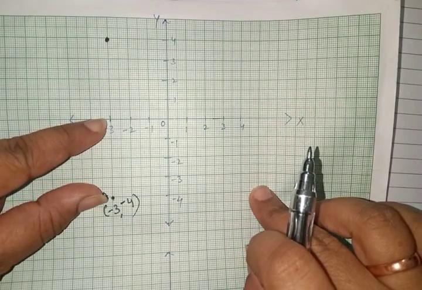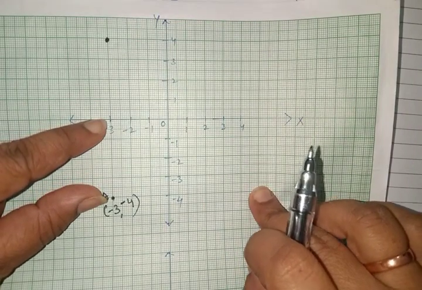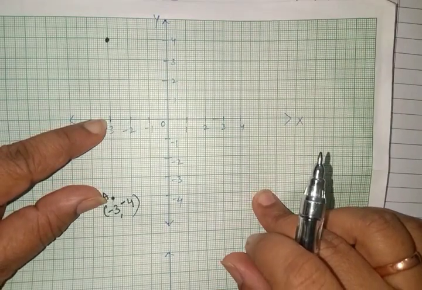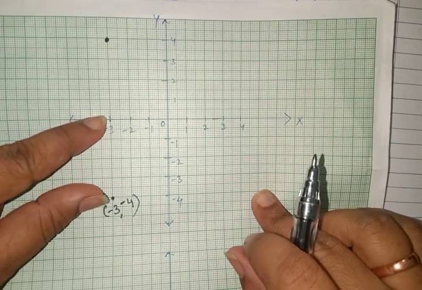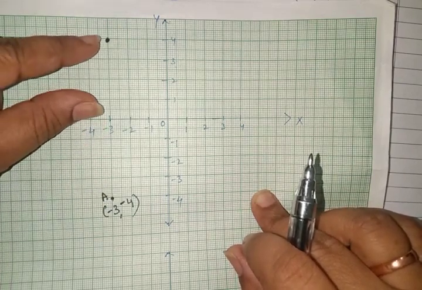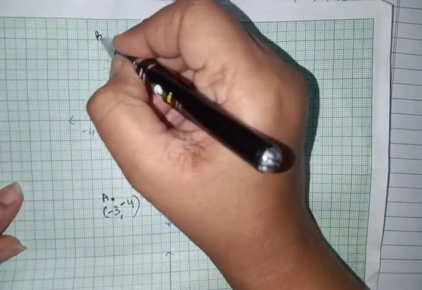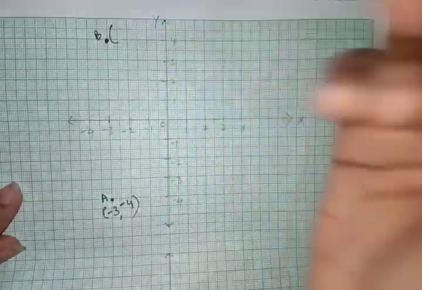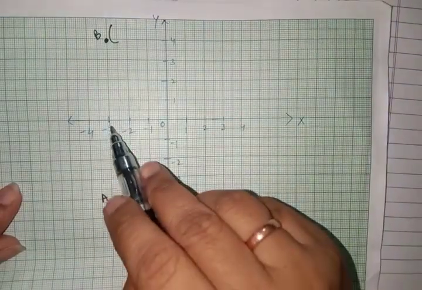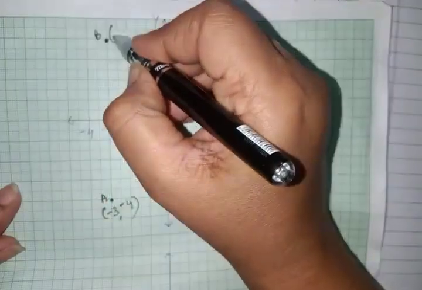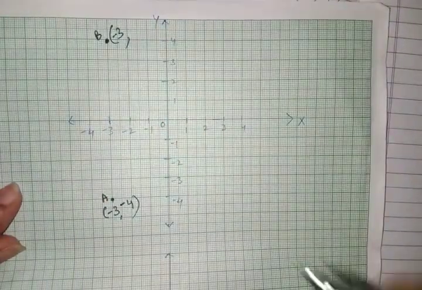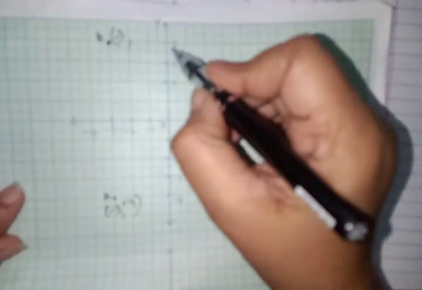If this is 4, this distance is 4 because distance can never be negative. That's why I'm telling you plus 4. Then we need to move 4 steps upward. So this B is the reflection of A, and the answer is, first x which is minus 3, and then y value which is 4.